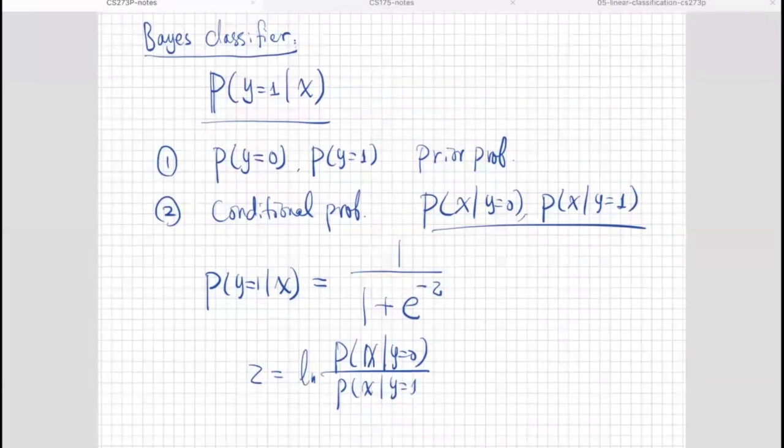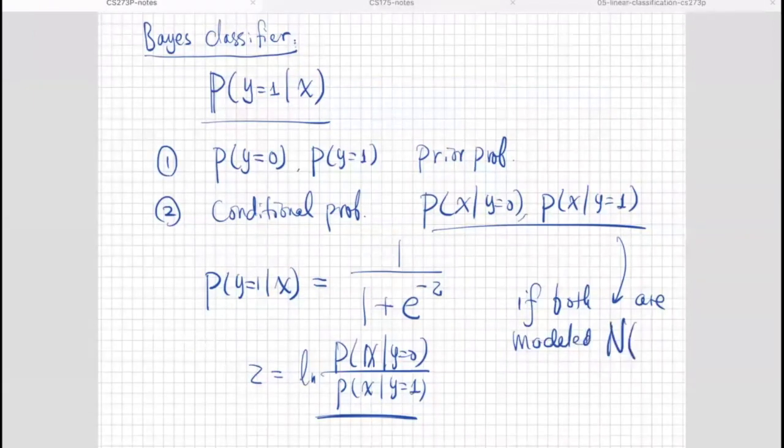That's what we talked about last time. Now, if both models are modeled by the Gaussian distribution with the same covariance matrix, sharing the same covariance but with different means, one is mu0 and the other mu1.